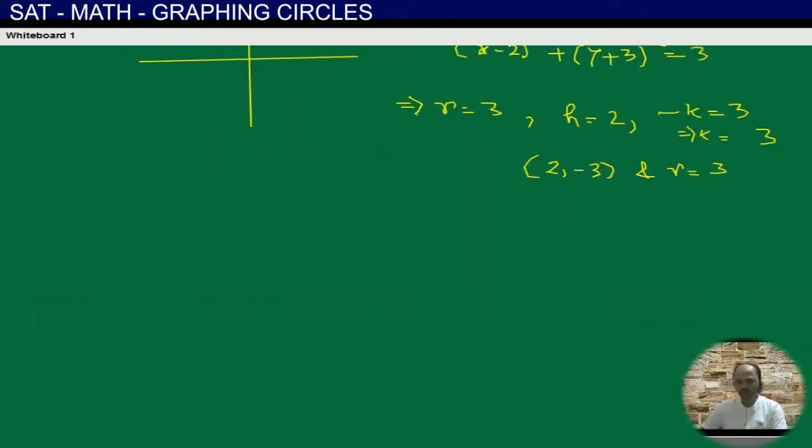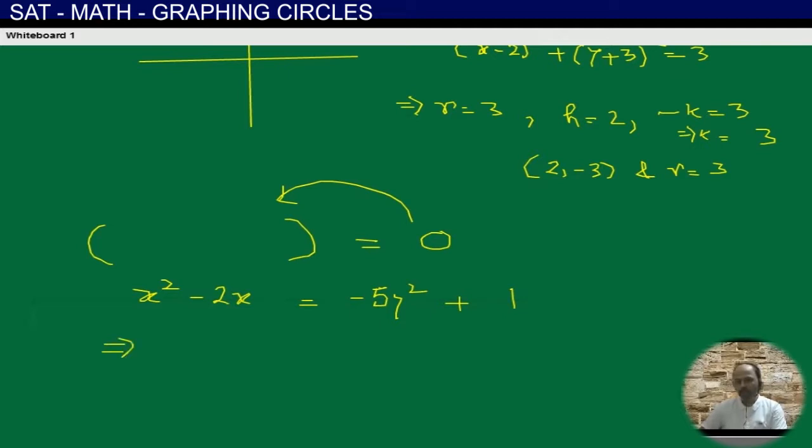The first thing is to keep all the expressions on one side, with the other side completely 0. Suppose x squared minus 2x minus 5y squared plus 10. We keep all the expressions on the left.